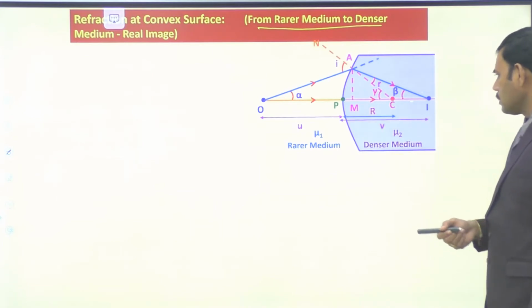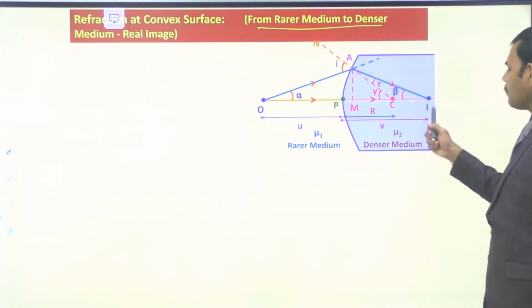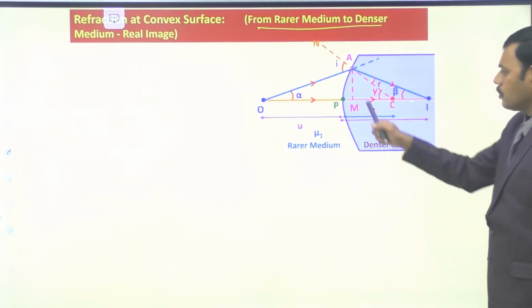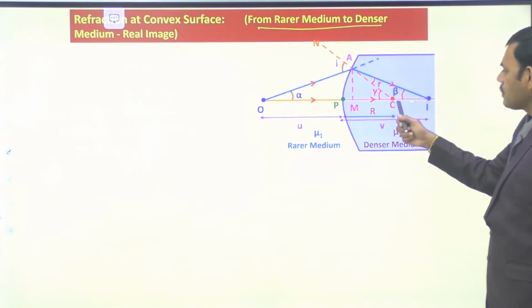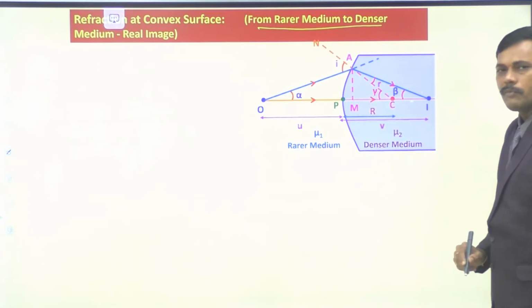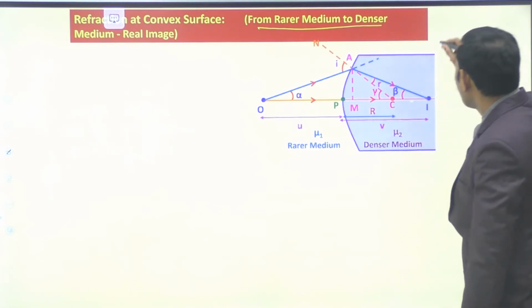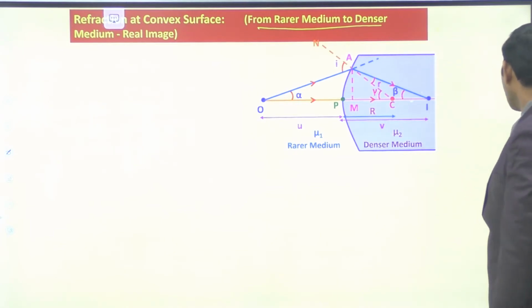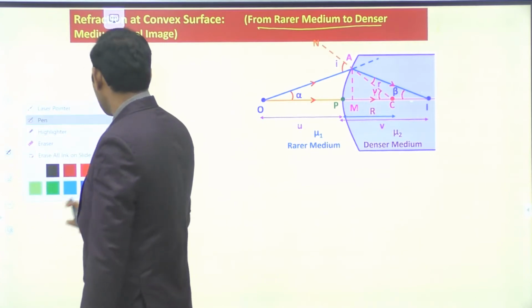One more distance. The distance of the image from the pole is the image distance, let it be v. So u object distance, v image distance, R radius of curvature, all are measured from the pole of the refracting surface. Here our aim is to find out the relation between u, the object distance, and v, the image distance.